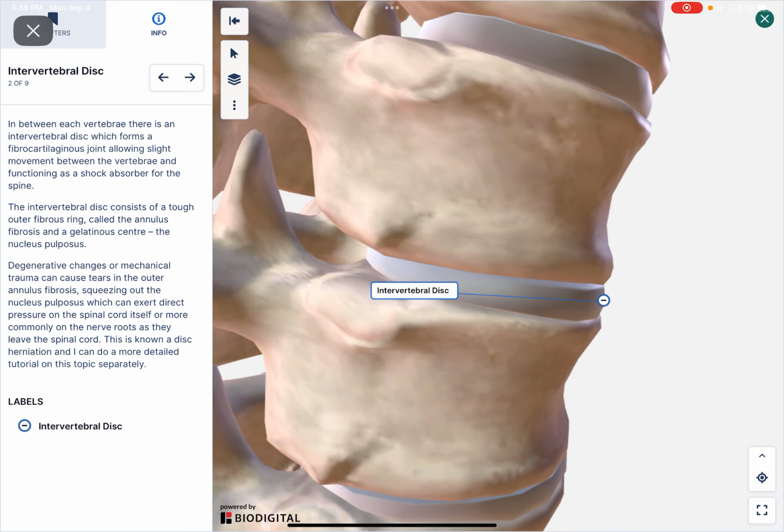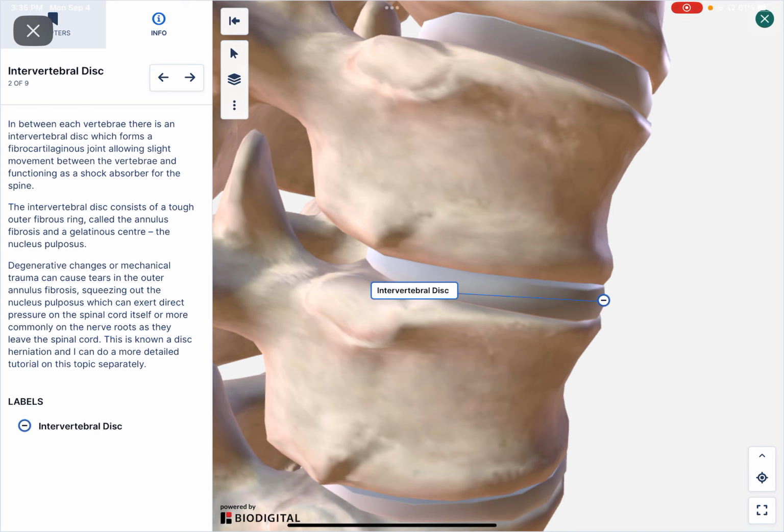When there is an accident or a traumatic injury, there are degenerative changes or mechanical traumas causing tears in the outer annulus fibrosus, squeezing the nucleus pulposus, which can exert direct pressure on the spinal cord itself, or even more, on the nerve roots as they leave the spinal cord.